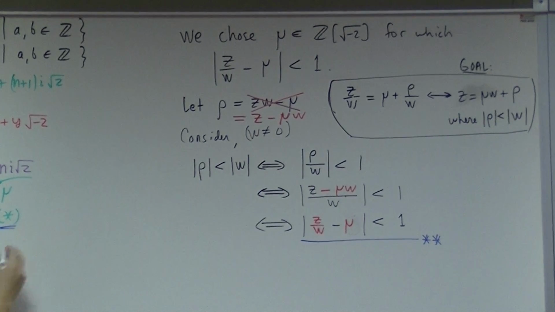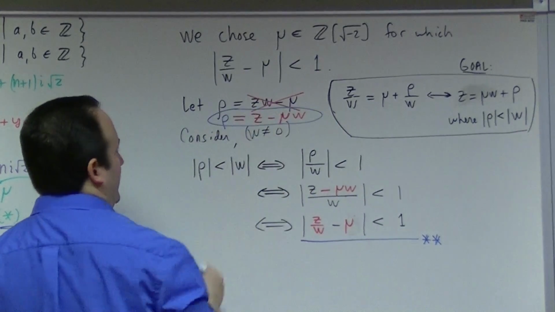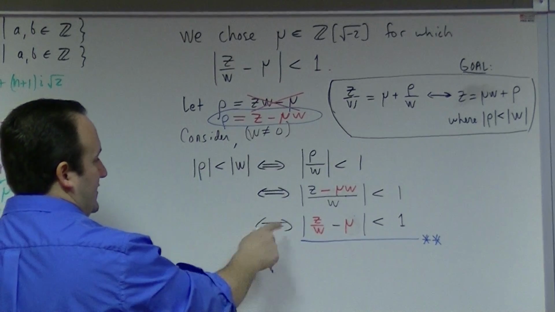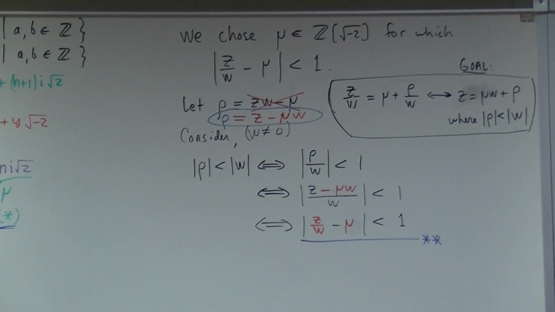Just a star over here. We already know that the quotient of z and w, the distance between z over w and the closest quadratic integer, is less than 1. So we know star star is true. Consequently, with this correct definition of the remainder, it does in fact satisfy the needed condition that the norm of the remainder is less than the norm of the dividing number w. Consequently, division property.